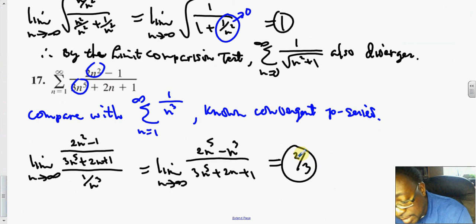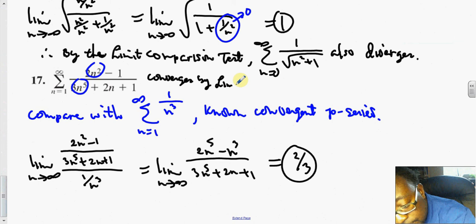Again, this number is finite and positive, so whatever happens to one also happens to the other. So since this series converges, then the given series also converges. Converges by limit comparison.